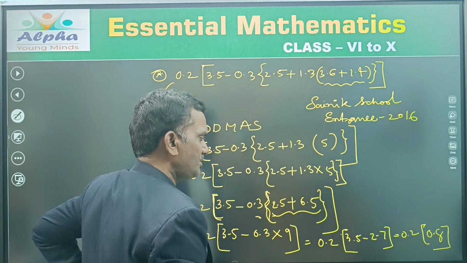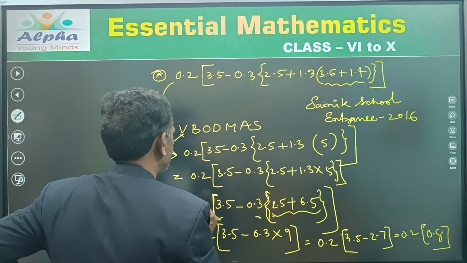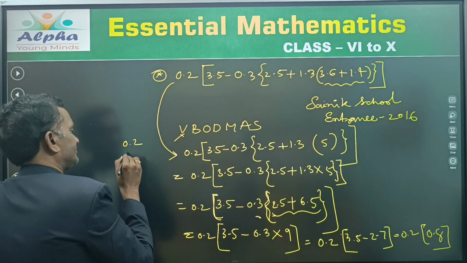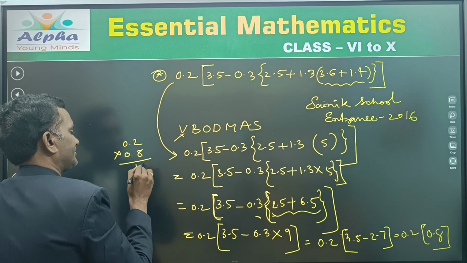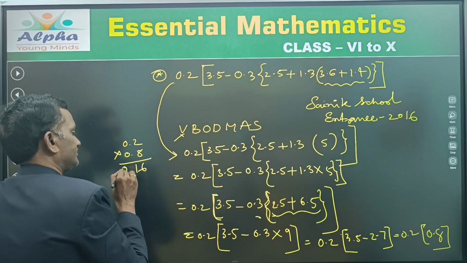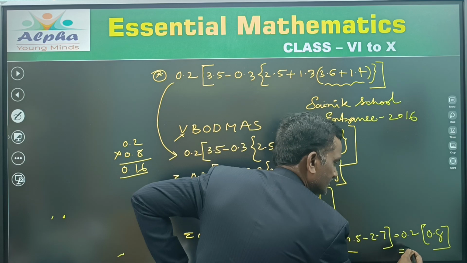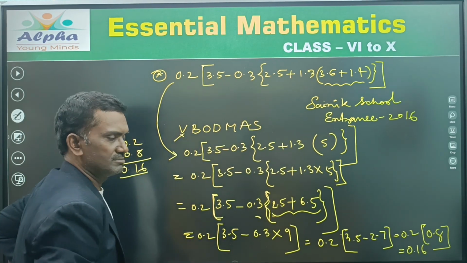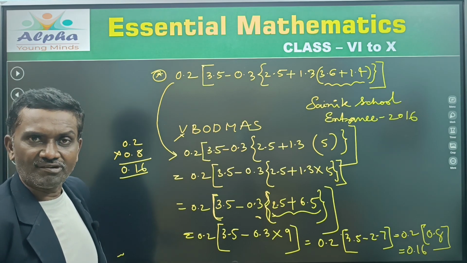What is 0.2 into 0.8? 0.16. This is the way to be simplified.